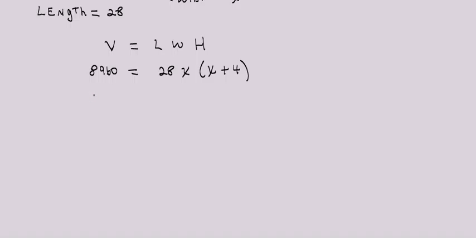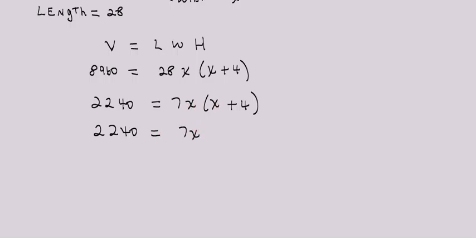And by doing so, we end up with 2240 on this side, and 4 goes into 28 7 times, so you get 7x times x plus 4 on this side. Again, I just divided 4 into both sides of the equation just to make the numbers a little smaller. And now we distribute the 7x through the parentheses.